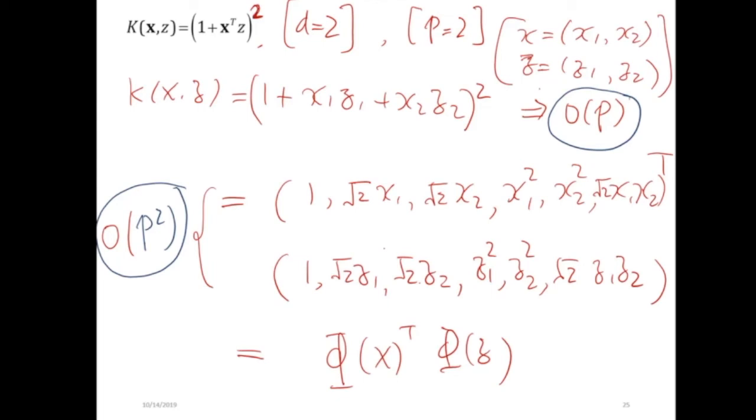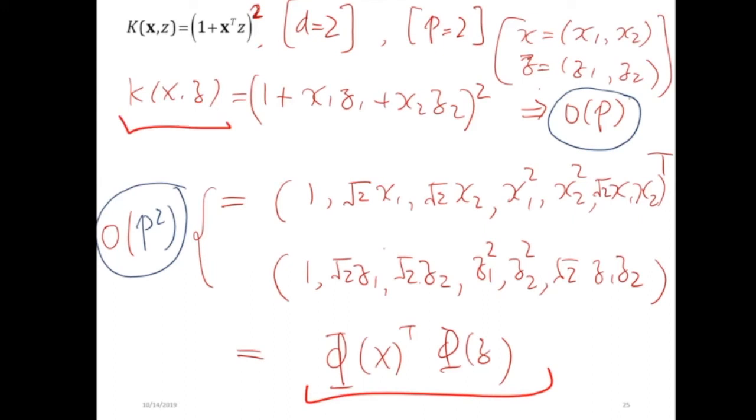You can decompose your phi(x) into 1, the x1 linear term, the quadratic term, and then the interaction term. This is phi(x), this is phi(z), and when you do phi(x) transpose phi(z), you get exactly 1 plus x1 z1 plus x2 z2, quadratic, and they are equivalent to each other.